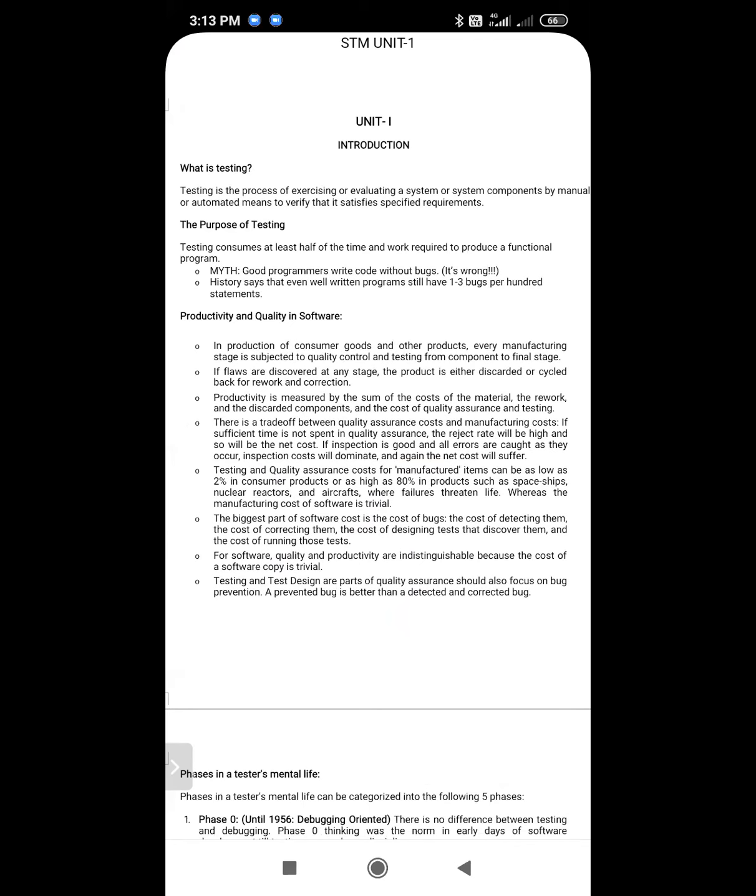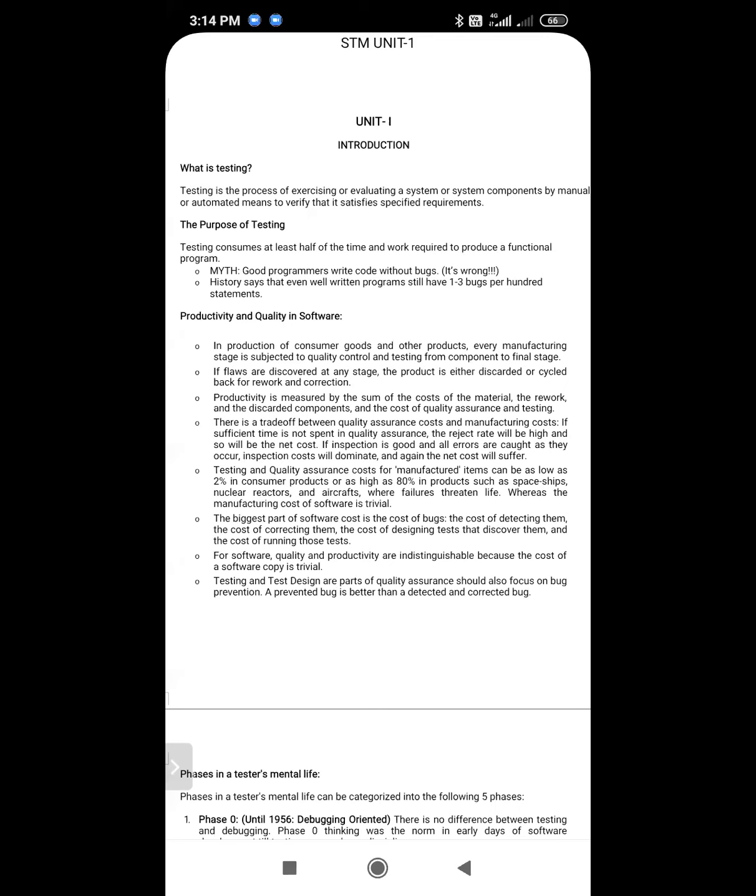Next, phases in testers' mental life. In that, we have 5 different phases: phase 0, phase 1, 2, 3, 4. And next, you should write about testing, and in that we have 5 different types of methods. These all are explained under purpose of testing.